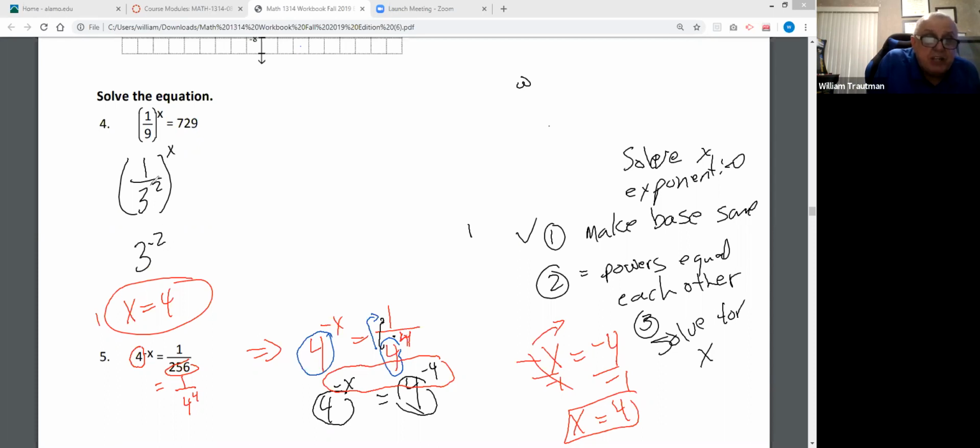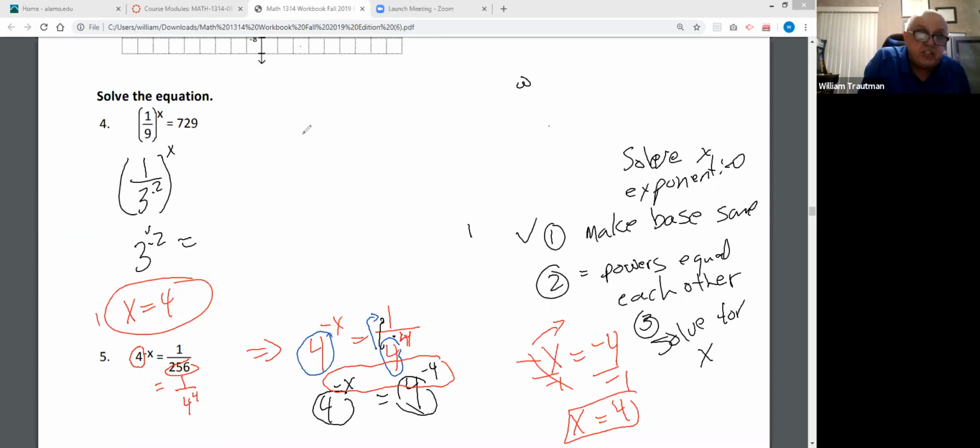If I put a negative in front of it, if I flip it, then when it's on top, it's a negative. Do you see? If I flip it to the top, it's now negative. And if I flipped it back to the bottom, the negative would disappear because then it would look like the way we had it. So the left side is 3 to the negative 2 power.